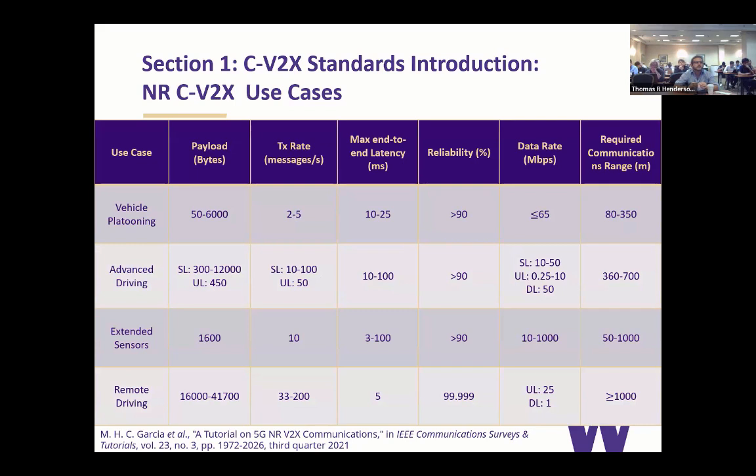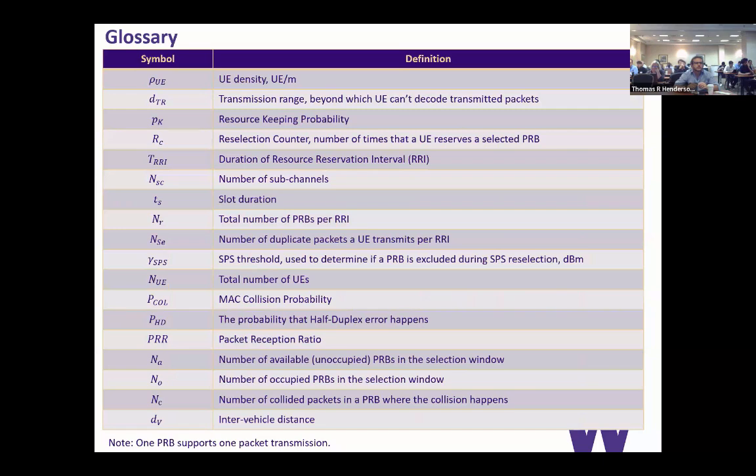Extended sensors is the ability to exchange sensor data between a number of local vehicles to extend their perception beyond what they themselves can detect. And remote driving is the ability to teleoperate a vehicle in either dangerous or remote environments or where the passengers are for some reason unable to drive themselves. Here we have a glossary for any readers later.